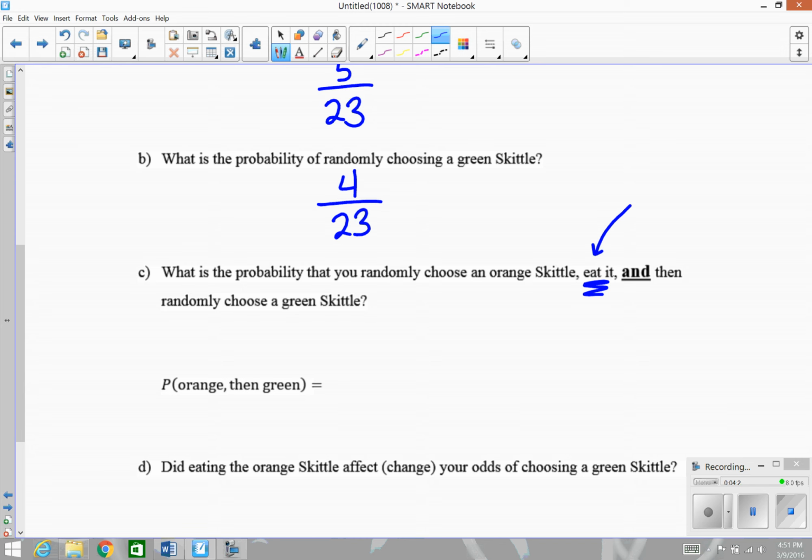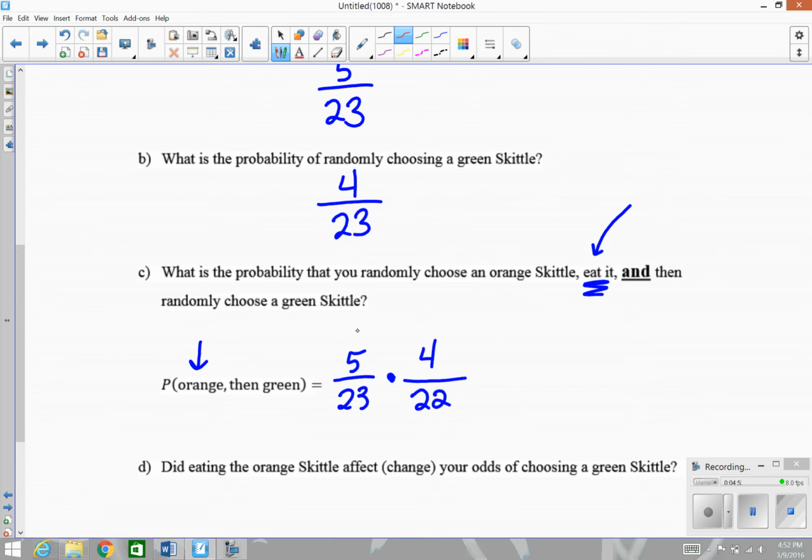We know the probability of choosing orange was 5 out of 23, and nothing's changed there. But if you eat that orange Skittle, how many total Skittles are now left? And that's the trick. There's now only 22 Skittles, and of those 22, we still have 4 of them that are green.